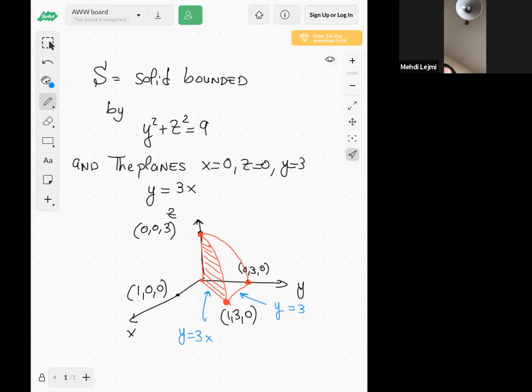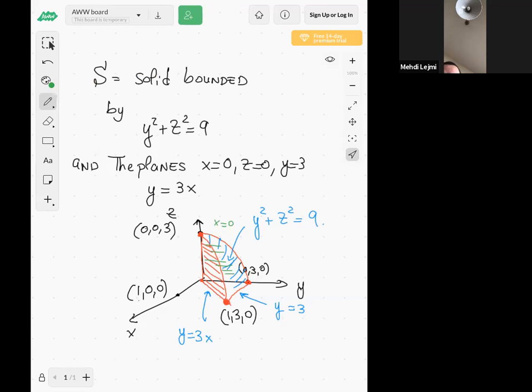And on the top, we have the cylinder, y squared plus z squared equals 9. And in the back, we have x equals 0.